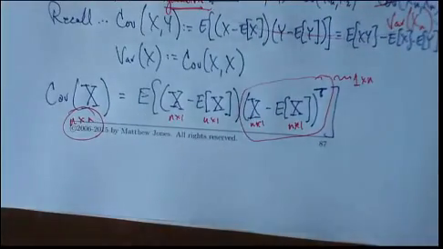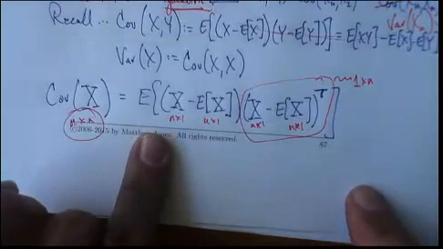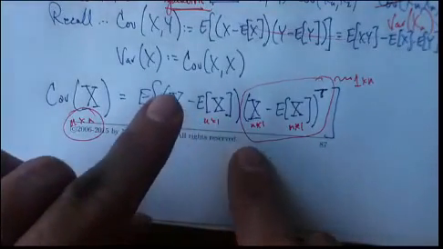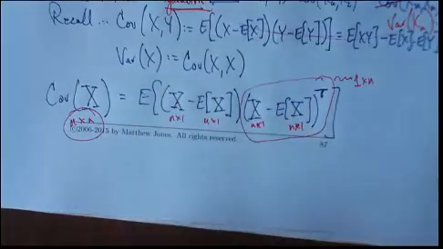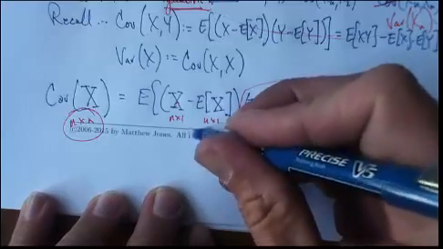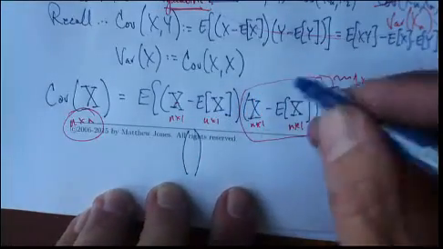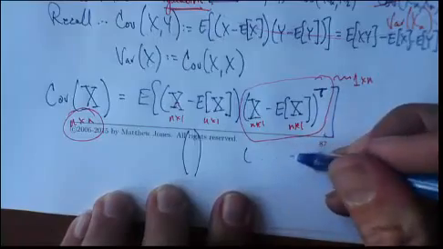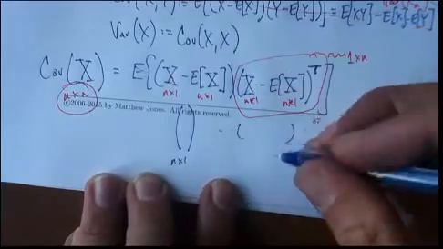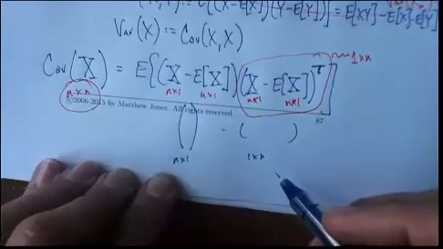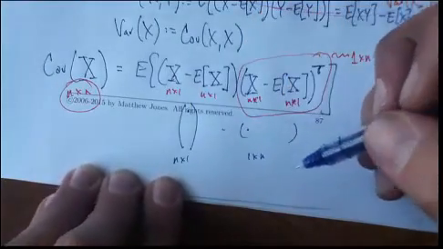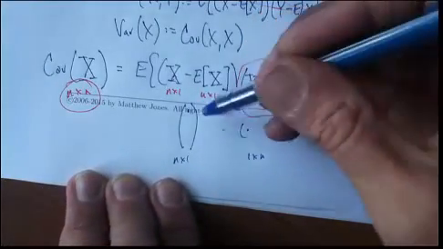Now look at what you're essentially doing here. Element by element, you're multiplying the values in these vectors. All of this is n by 1 minus an n by 1. This is a column, n by 1. Once you take the transpose of this, it is a row. Now what happens if you take an n by 1 and multiply it with a 1 by n? You get an n by n. This number times that one will be the element in the upper left-hand corner of the matrix.